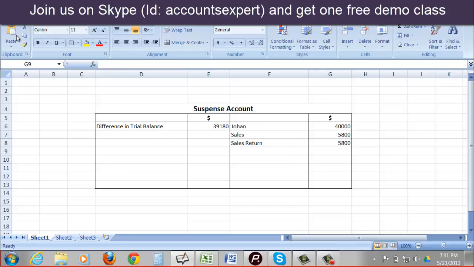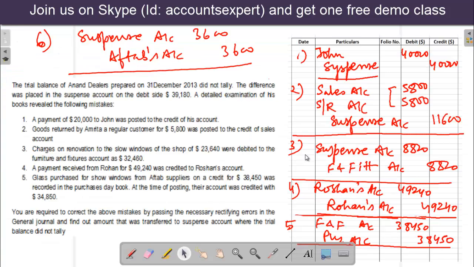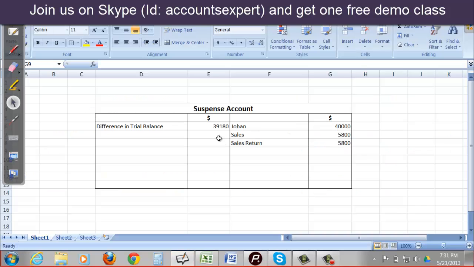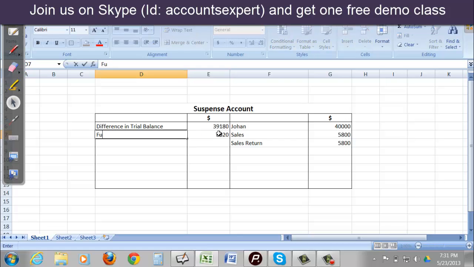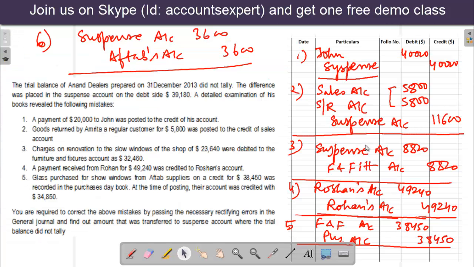Got it? Now in the third entry, suspense account debited, furniture and fittings account credited. Suspense debited 8,820, so on its debit side I will write 8,820, furniture and fittings. Now in the fourth entry there is no suspense account, so leave this entry.